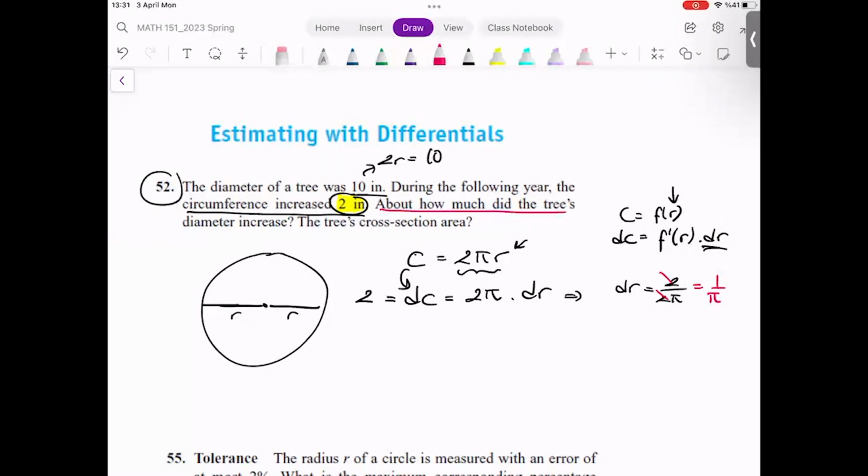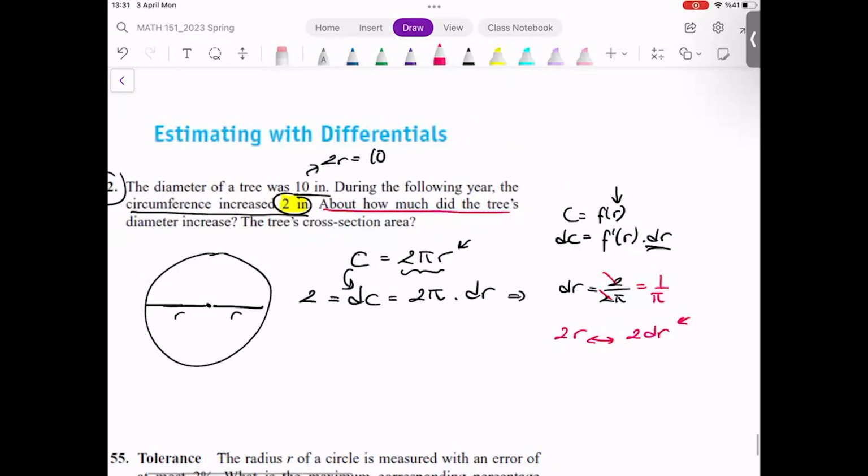Read the next question. About how much did the tree's diameter increase? Diameter is 2r, right? Sorry, so we need to compute 2dr. Let me put it this way. I want to make the real life meaning of the differential very clear for you. Diameter is 2r. What is the relation between 2r and 2dr?